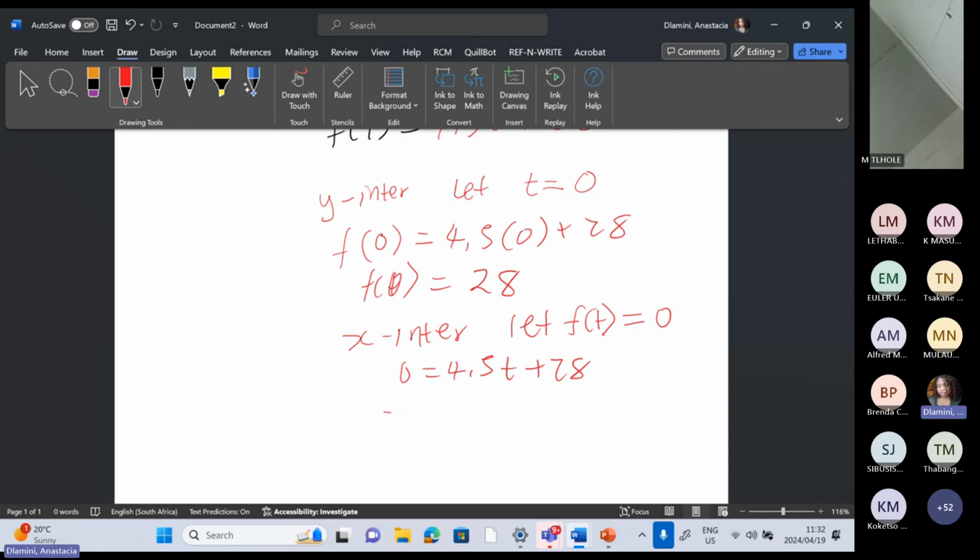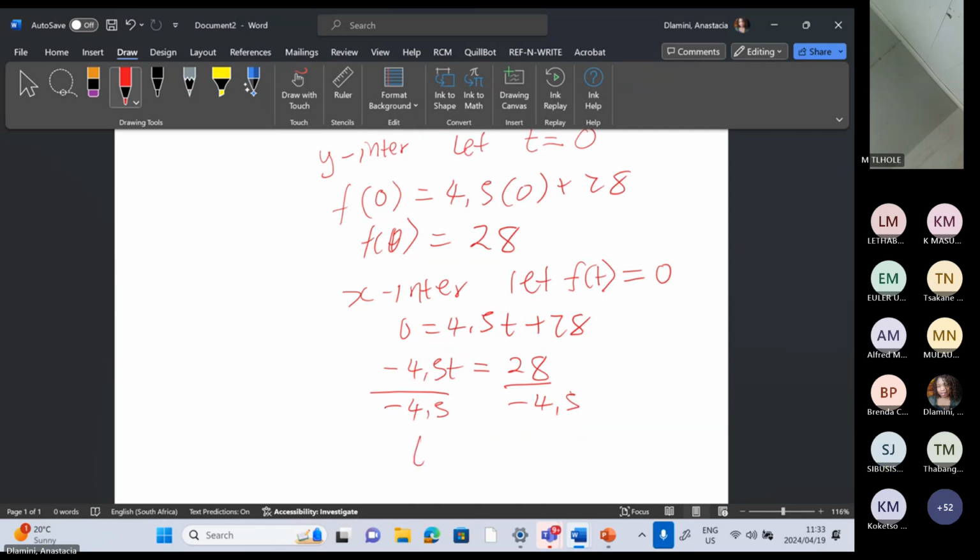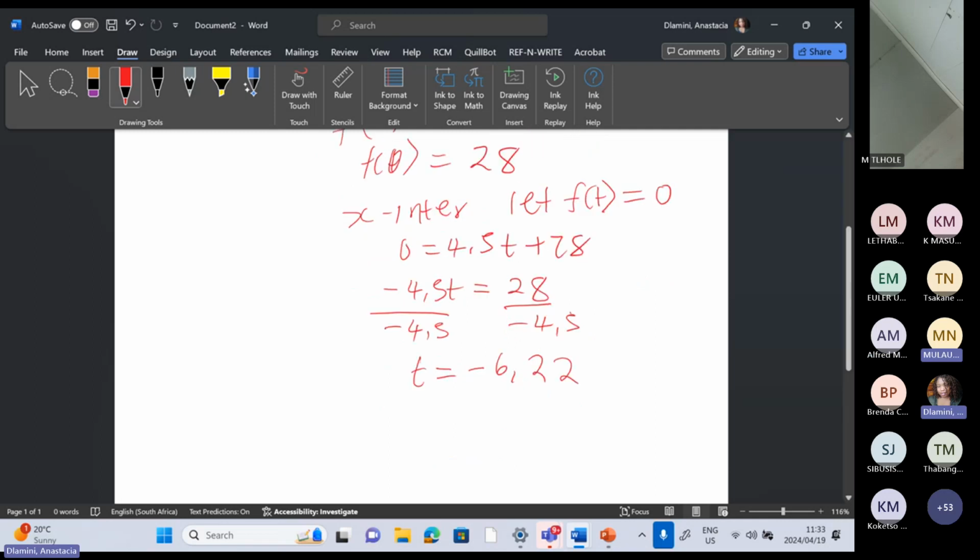Then we have minus 4.5t equals 28, divided by negative 4.5 over negative 4.5. So how many 4.5s do we have here? It should be around 6. Negative 6.22. Okay, now let's go and draw.